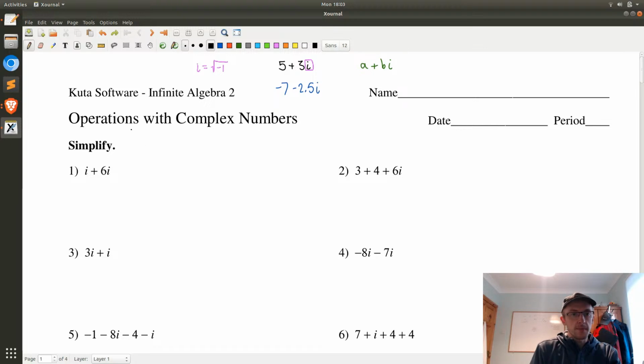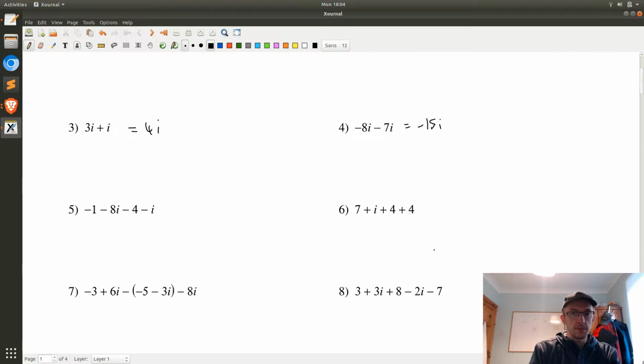Okay, so even if you didn't know anything about complex numbers, you could probably do some algebra with them because of how they were set up in the first place. Like, for example, here, this is just simply 7i. And here, this is 7 add 6i, 4i, -15i. Very simple.